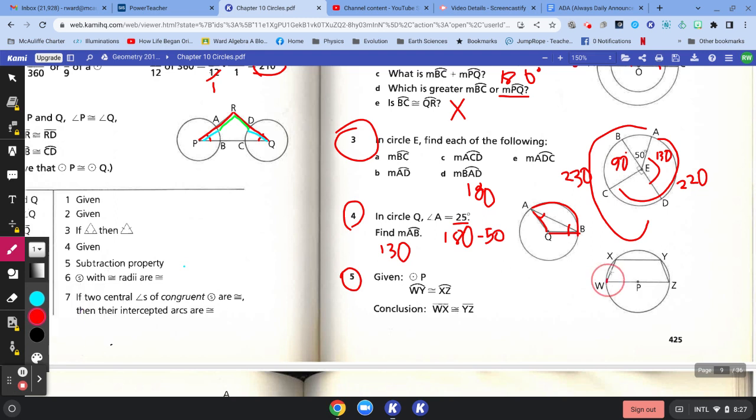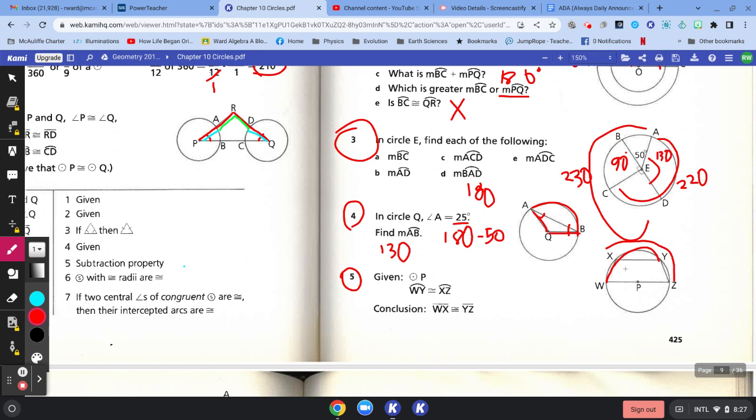So this is arc WY, and we also know that XZ, I'm using the same color to indicate they're congruent, that those two arcs are congruent. And what we want to prove is, is WX congruent to YZ?